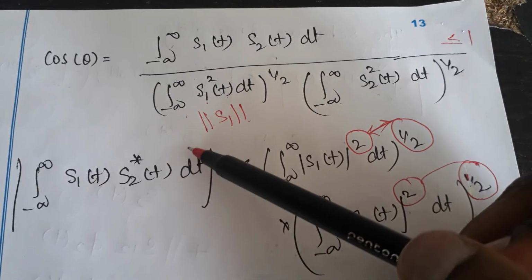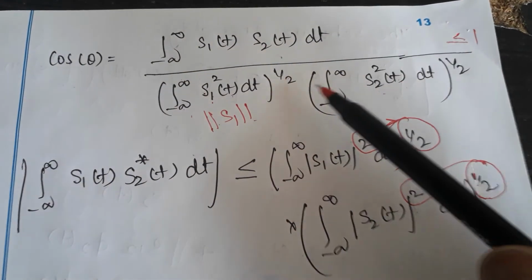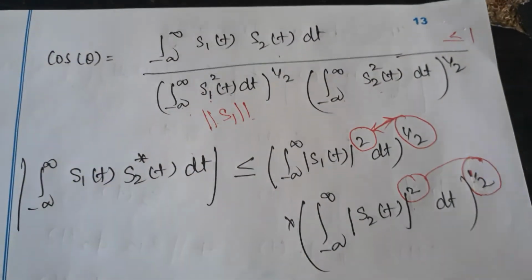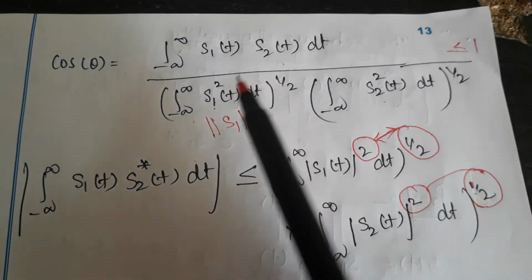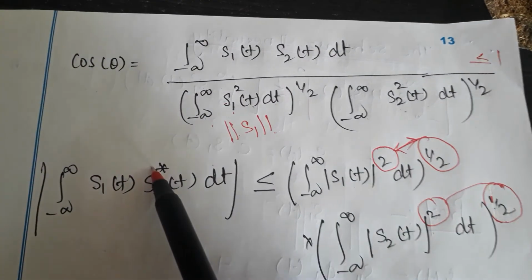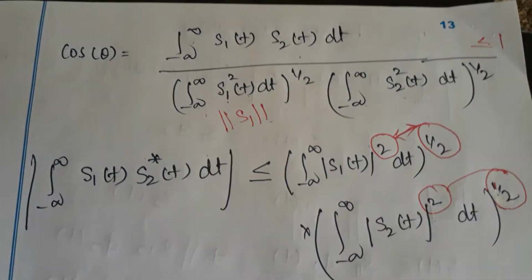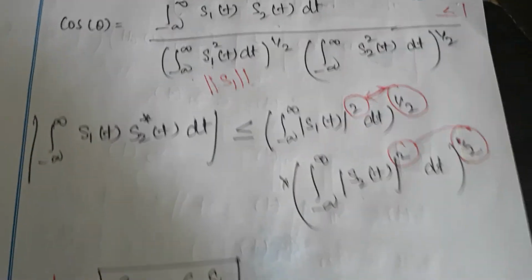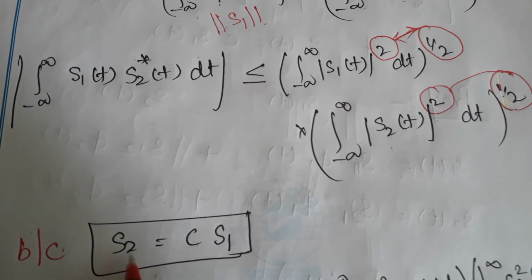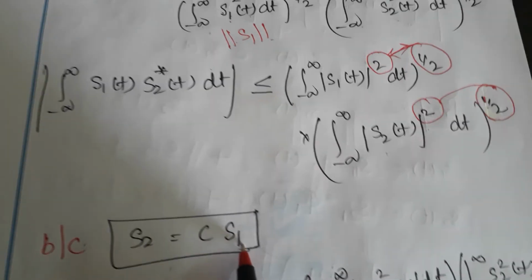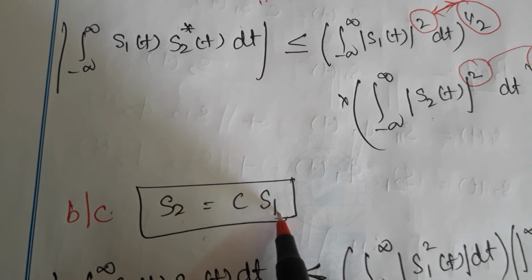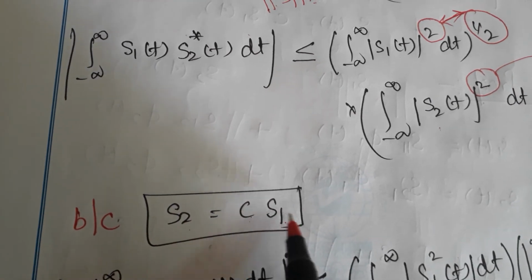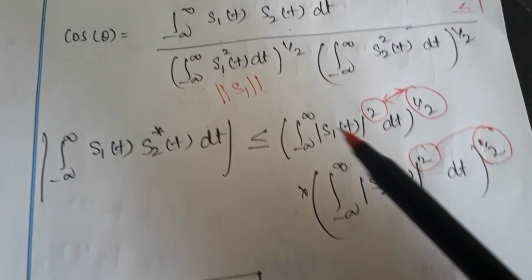The first term I have retained as it is, and these two terms I have taken to that side of the equality. The condition applied is S2 is equal to C into S1, otherwise you cannot write it. So S2 is equal to C into S1. Please observe the equation.